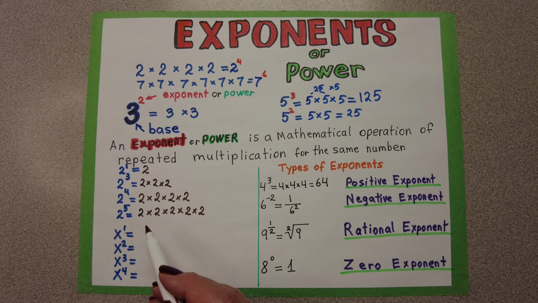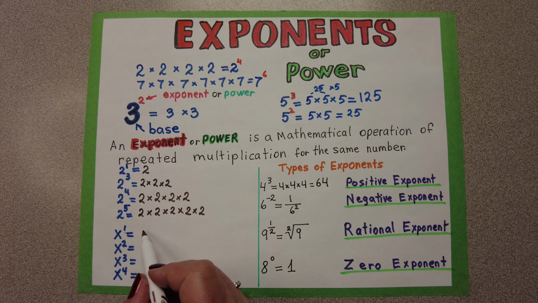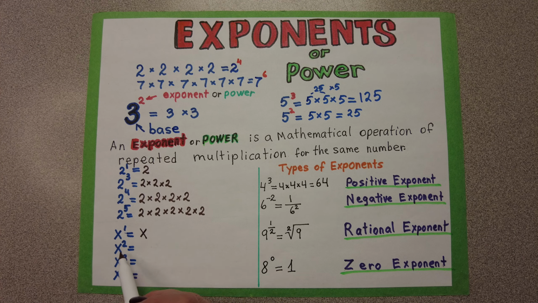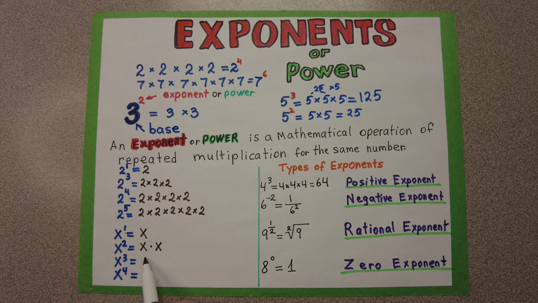So this is for any number you can think of. Let's take x. X to the power of 1 is x. X to the power of 2, or x squared, equals x times x. X to the power of 3, or x cubed, equals x times x times x.